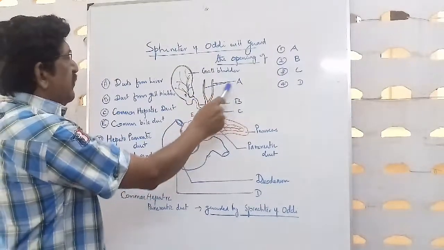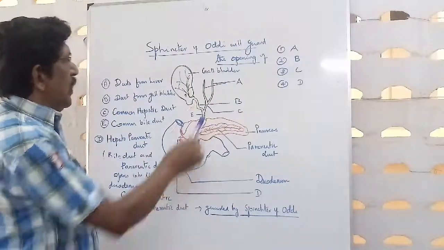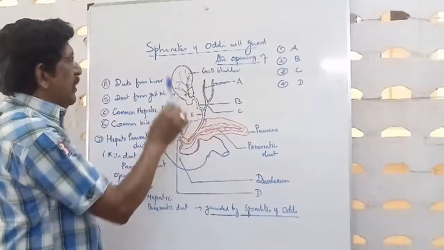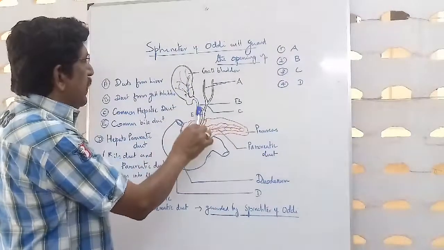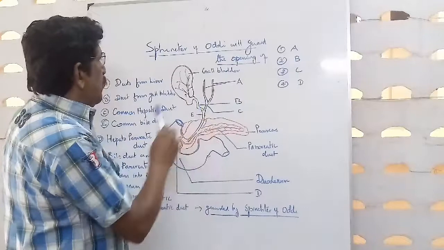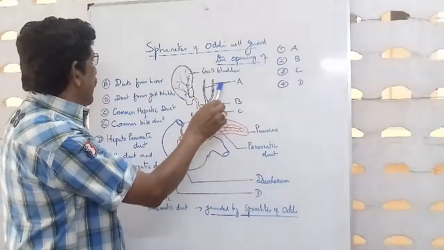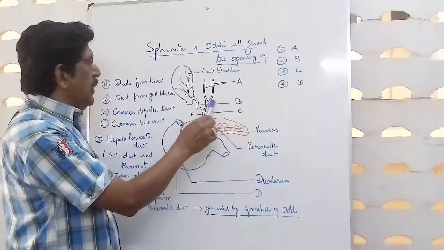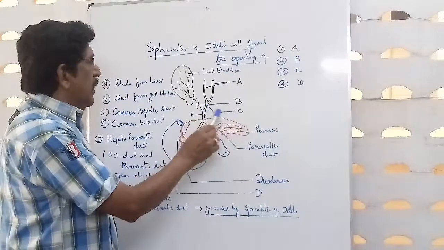These are the ducts from liver. So A is the ducts from liver and B is the duct from the gallbladder, and the ducts from liver and the duct from gallbladder unite to form common hepatic duct.